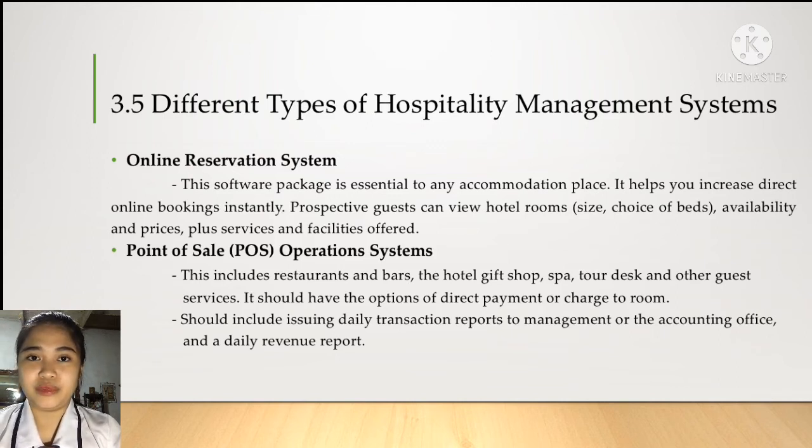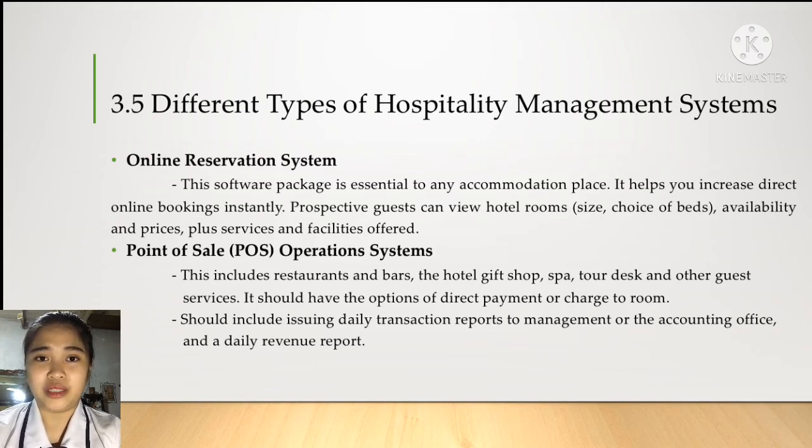Apart from recording normal vending operations, it should include issuing daily transaction reports to management or the accounting office and a daily revenue report. In the POS sector, there are many operating hospitality management systems catering for the food vendor sector, namely restaurants, cafes, takeaway shops, and delis.